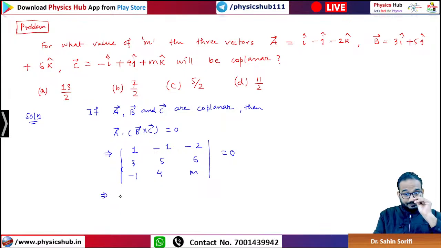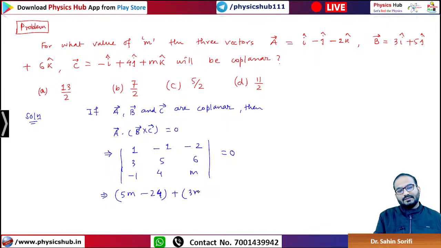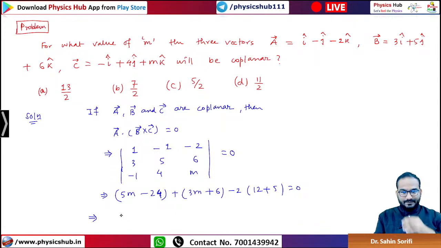So let's calculate. We have 5m minus 24, and minus 1 is there, so it becomes plus 1. So 3m plus 6 is minus 2, 12 plus 5. 5m plus 3m is 8m, minus 24 plus 6 is minus 18, minus 18 and minus 34.